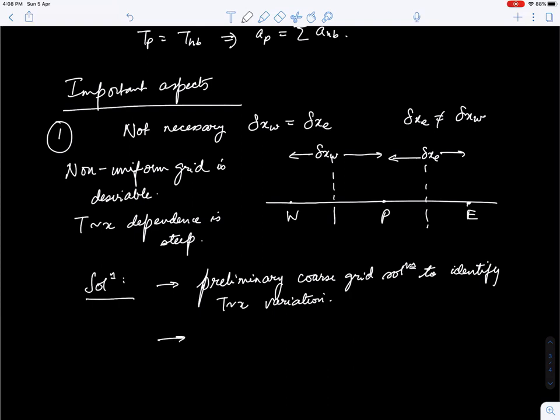Now once we have this preliminary T versus X variation, we can then construct a suitable non-uniform grid to obtain higher accuracy solutions.